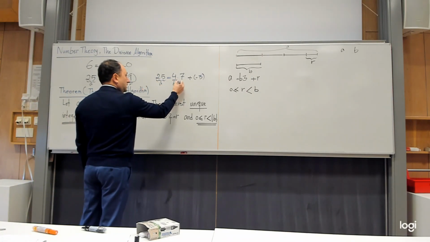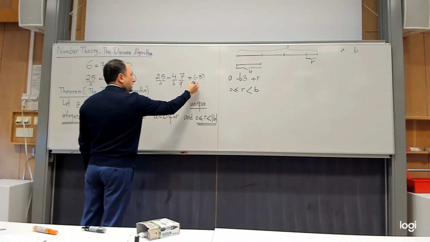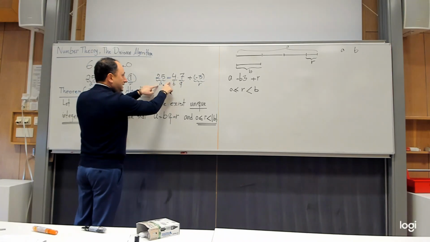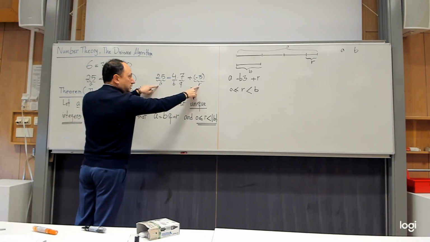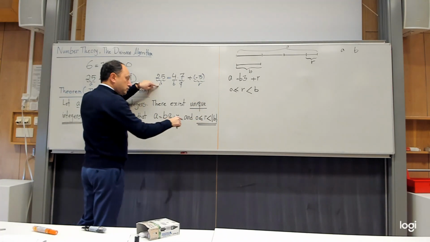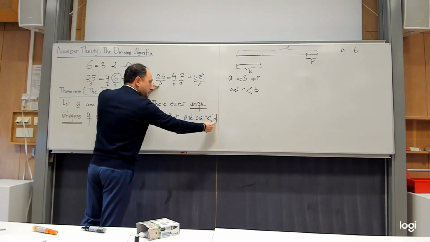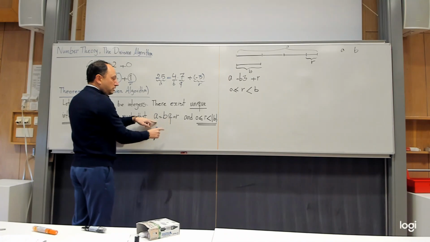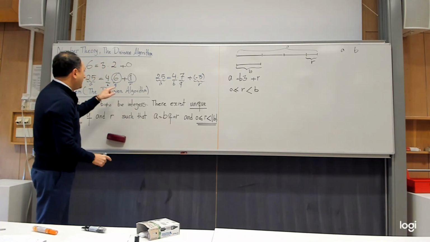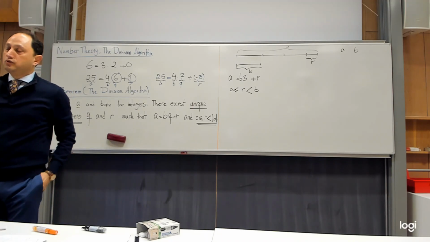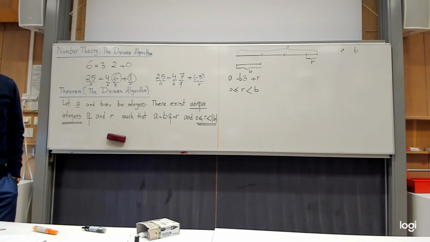This is B. I can say that this is Q, and I can say this is R. Of course, A is still equal to BQ plus R, but this R that I have written here does not satisfy this condition. If you want to force yourself to satisfy this condition and this condition simultaneously, every one of you will find the same value for Q, the same value for R. It is not possible to find more than one pair.